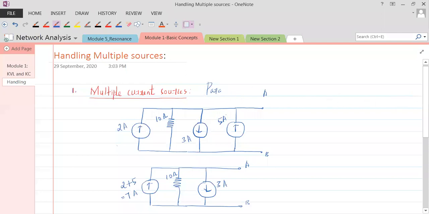Fine. Now, what to do if there are multiple voltage sources? Take down this, everybody. Second case is multiple voltage sources in series.